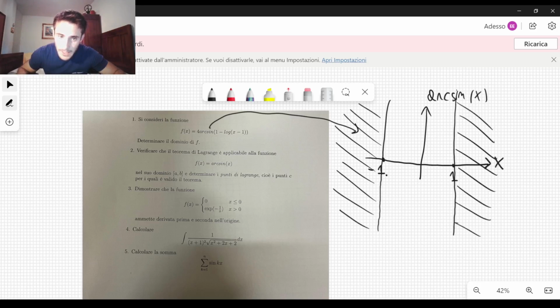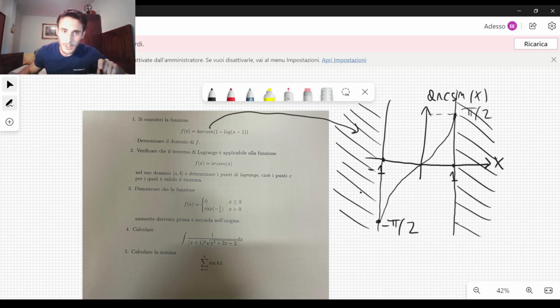So the function is defined only inside the interval minus 1 to 1, and the behavior of the function is something like this. It will not be a precise sketch. It is just a sketch after all. At x equal to 1, the function is equal to pi over 2, and at x equal to minus 1, it is equal to minus pi over 2.